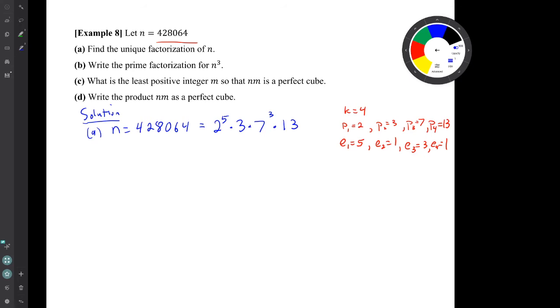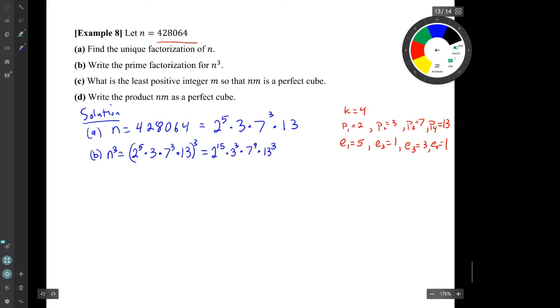Question B, write the prime factorization for n cubed. Well, n cubed is written that way, most simply, but that's not presented as a prime factorization. There's the prime factorization.